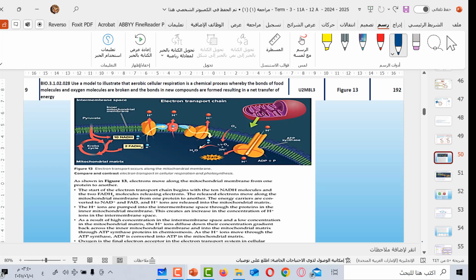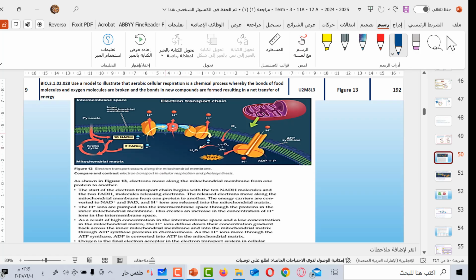He asked about this figure, but to know this figure, we must read everything about it.